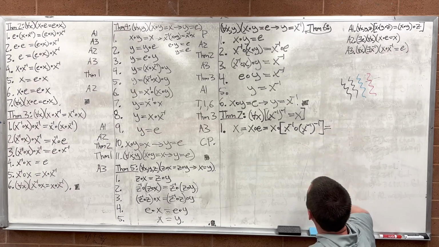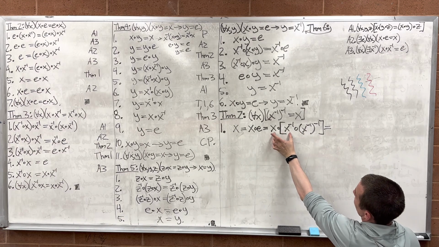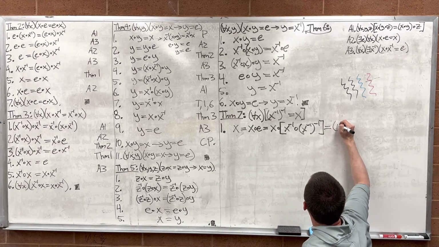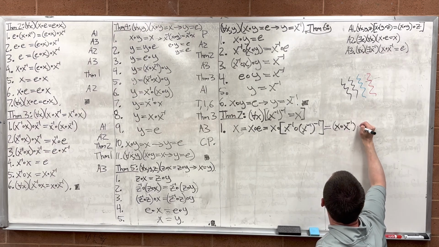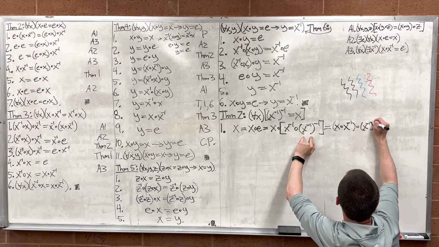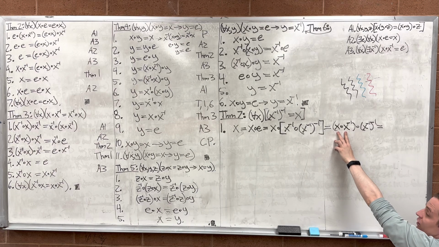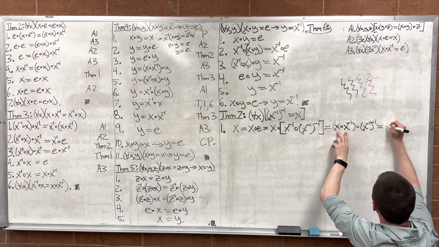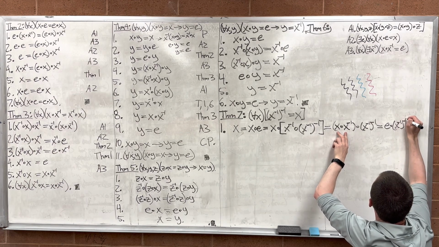And then this is just equal to, by associativity, rather than associating these two together, I'm going to associate those two together. So that's equal to x compose x inverse, composed with this thing, x inverse's inverse. But now x composed with x inverse is identity, composed with x inverse's inverse.